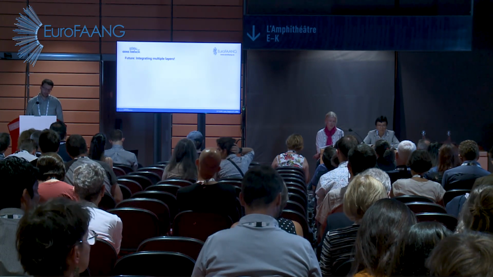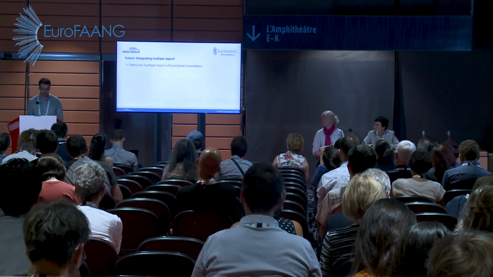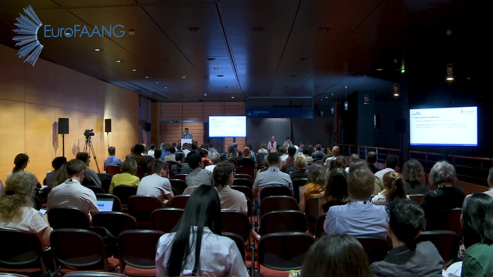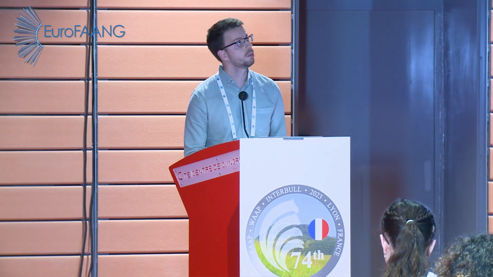So for the future, which at the time was the future, now that's what we're doing now. In practice, we have multiple layers of functional annotation, not only methylation. And it looks like from other studies that we've seen, when we use one layer of functional annotation as prior knowledge, results are often really trait specific.